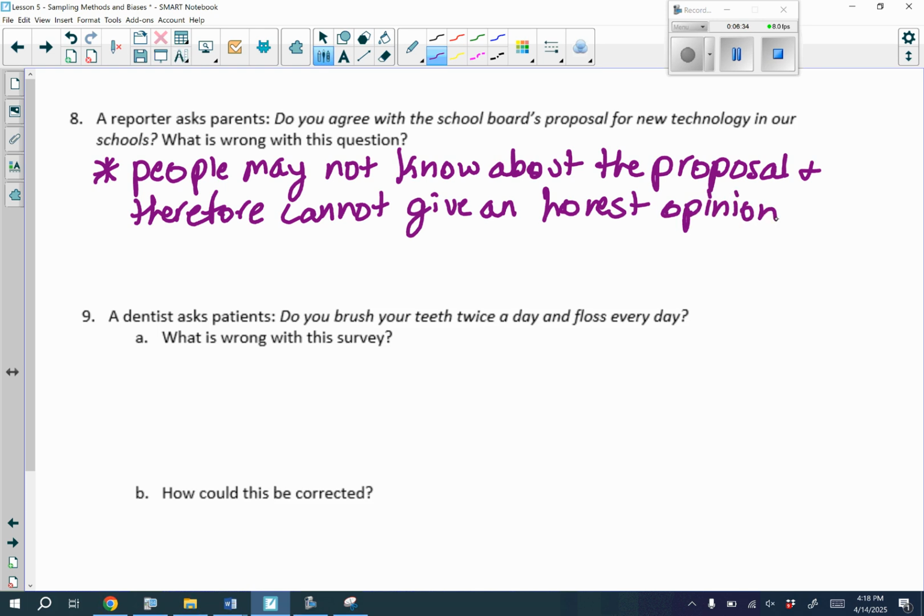Basically, if this occurs, they need to state the proposal in neutral language so then people are able to give their opinion.